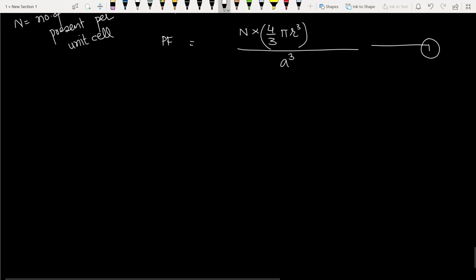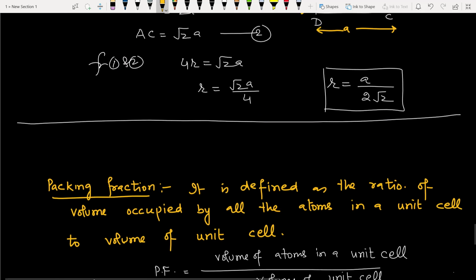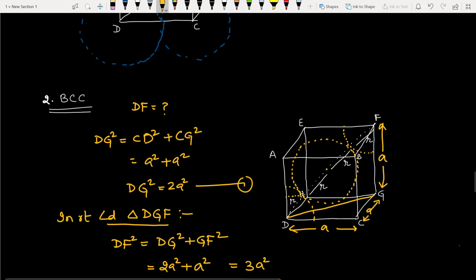Number one is simple cubic. For simple cubic, the number of atoms per unit cell is 1 and r is equal to a by 2. You can check it here.